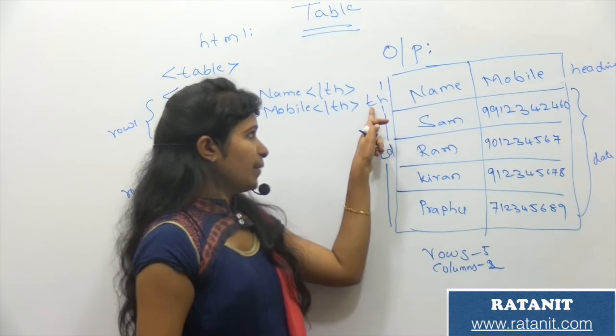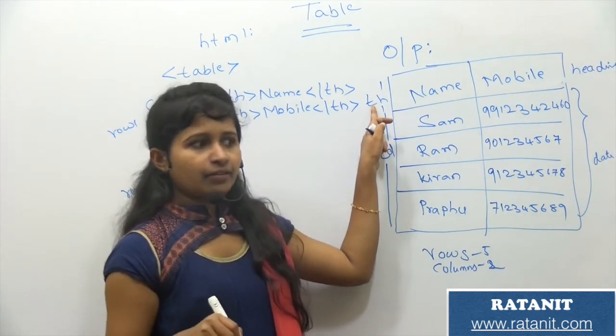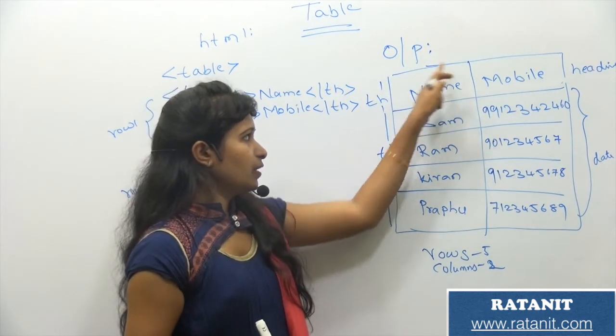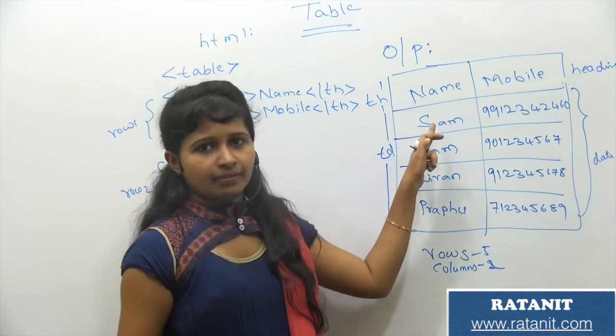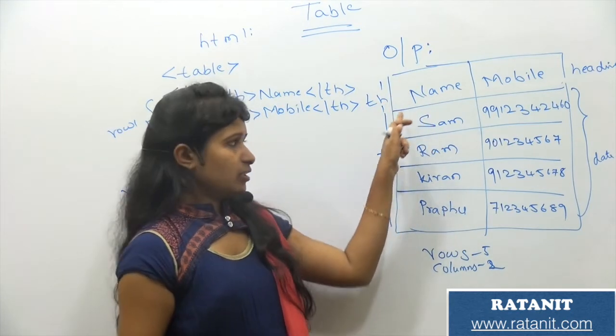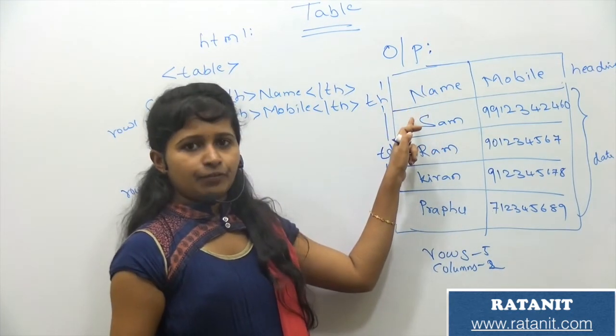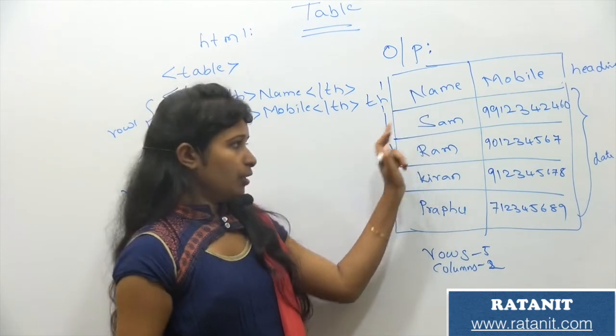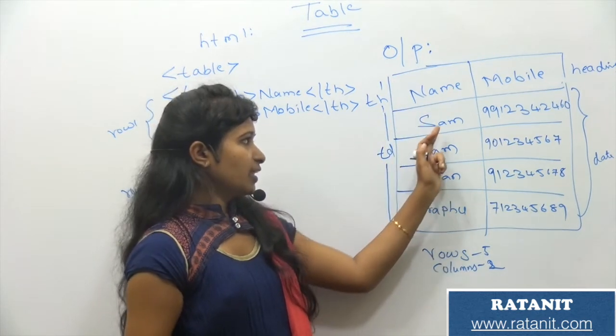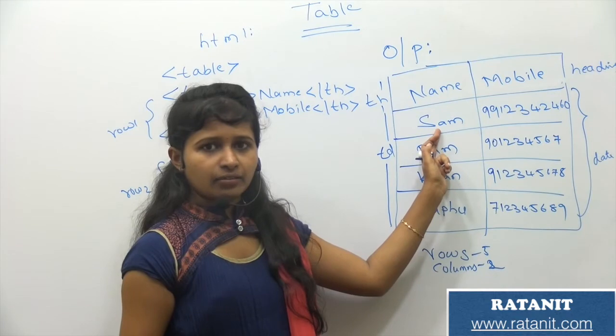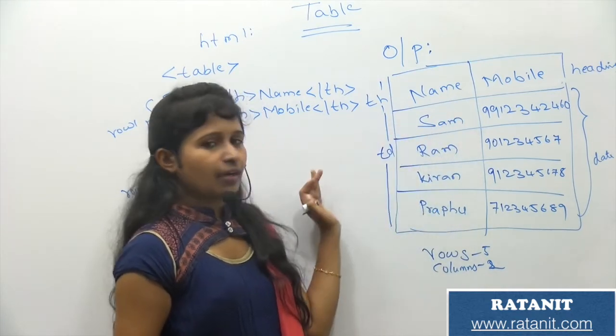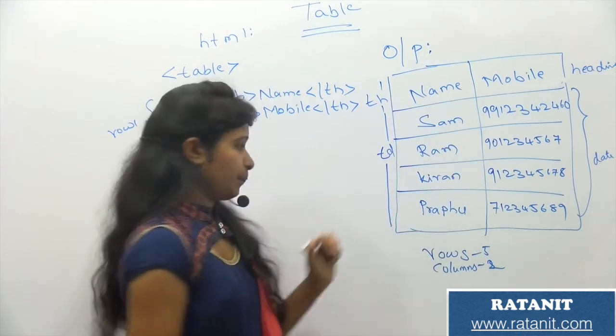TH is in bold characters and the text is aligned center by default. While coming to TD, the text is not in bold and it is aligned to the left side.